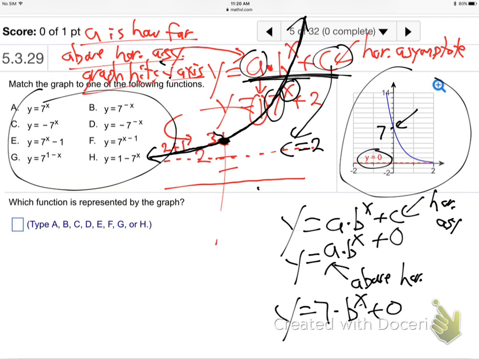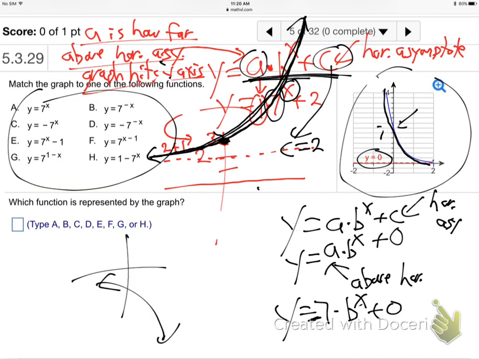What about the fact that instead of rocketing up to the right like this one does, as you go to the right, this one goes down? So that means negative on what? On the x, because it's been flipped sideways. It's not a negative in the front here, because that would flip it down. That would be a graph that goes like that, right?